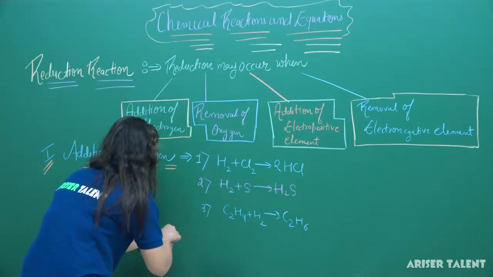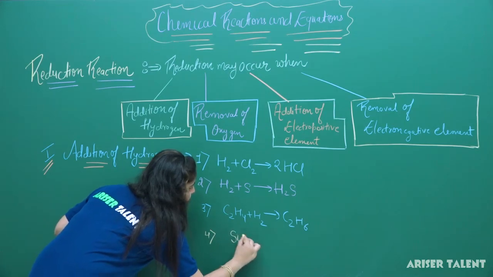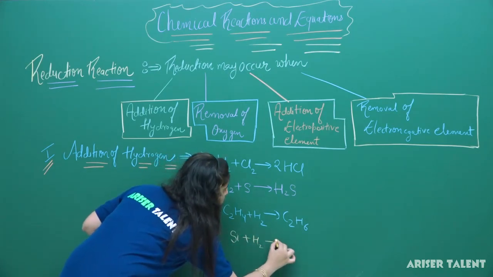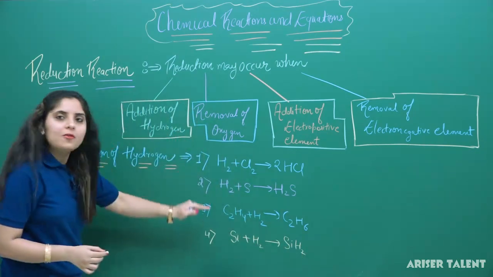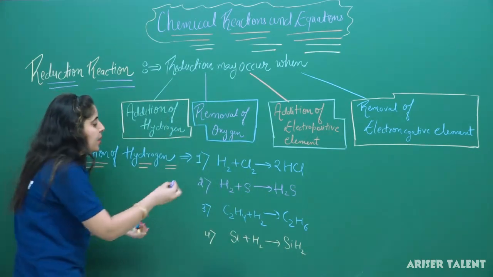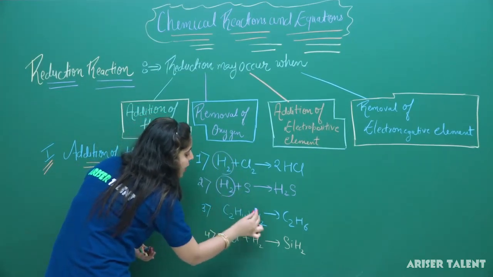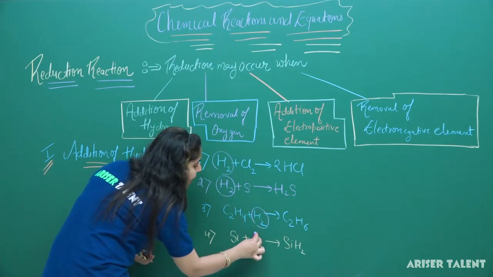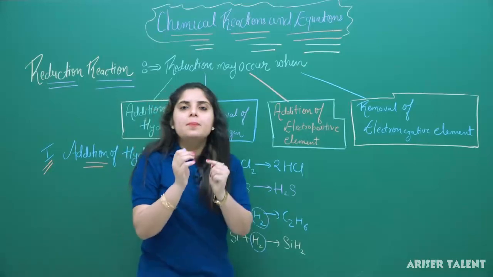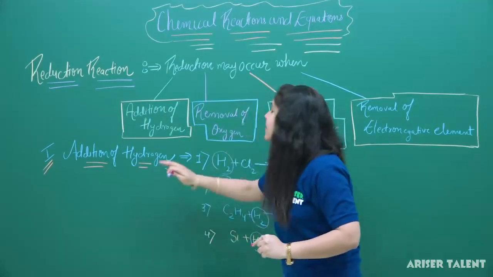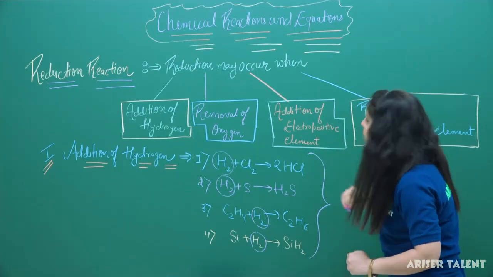Our next example is Si plus H2. We will get SiH2. So in all 4 cases, you can see the hydrogen is added to an element. Addition of hydrogen, and again addition of hydrogen. The addition of hydrogen in a particular type of reaction is termed as reduction. So these are the basic examples for addition of hydrogen.